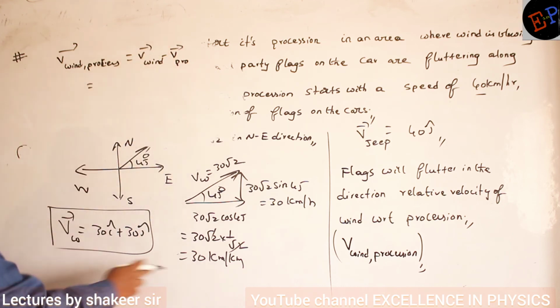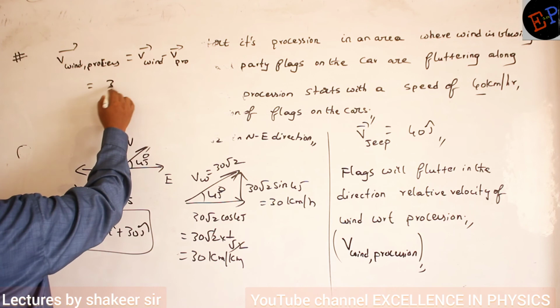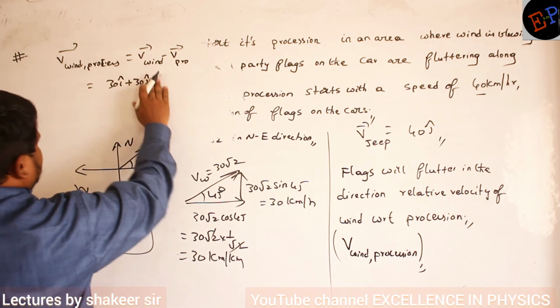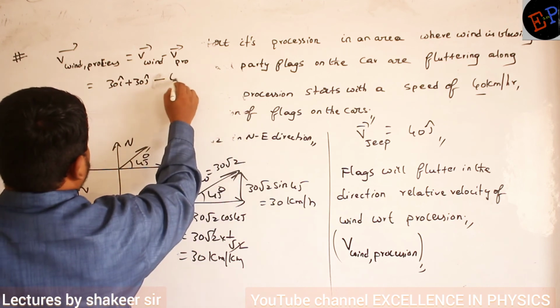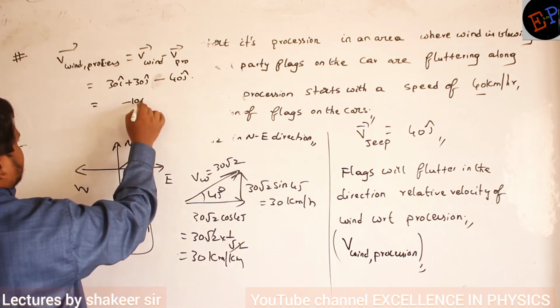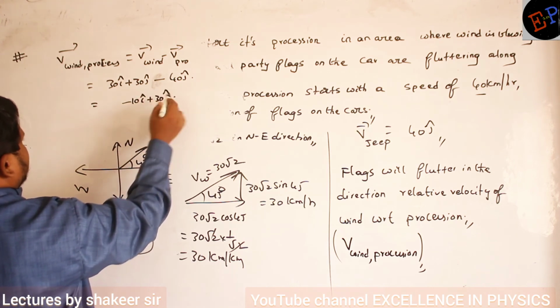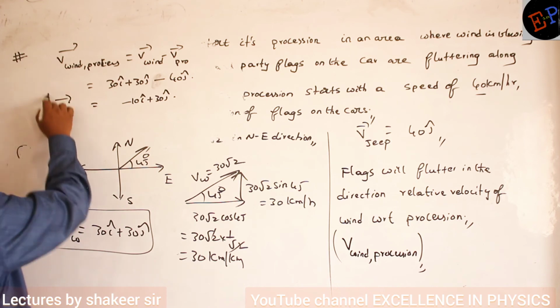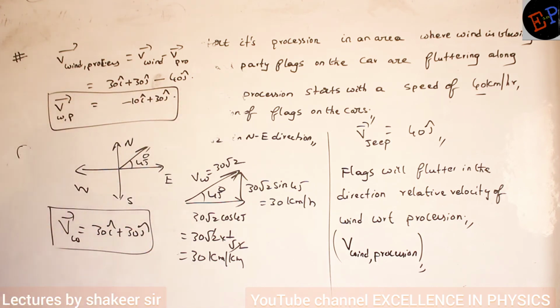Clear now? The velocity of the wind we have already calculated. How much is it? 30 i cap plus 30 j cap, minus the velocity of the procession, minus 40 j cap. So therefore this is minus 10 i cap plus 30 j cap. So this is the velocity of the wind with respect to the procession. This is my answer.